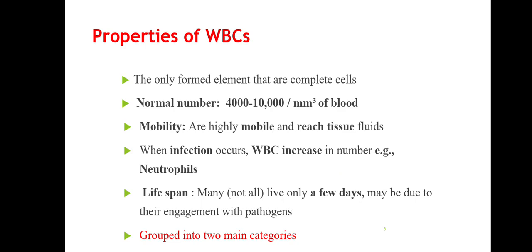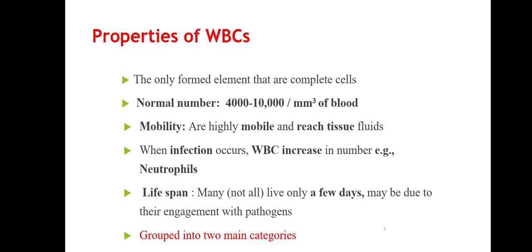So now, let's try to look into the properties of white blood cells. What I was mentioning, we're also going to look at them in more detail. So now, the white blood cells are described to be the only formed elements that are complete cells. When you look at the formed elements, we have the red blood cells, white blood cells, and platelets.